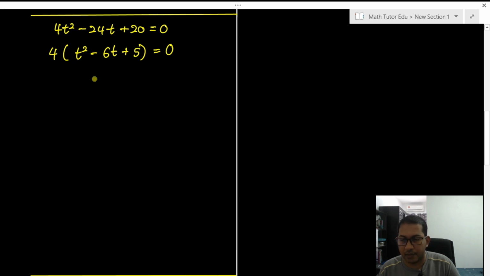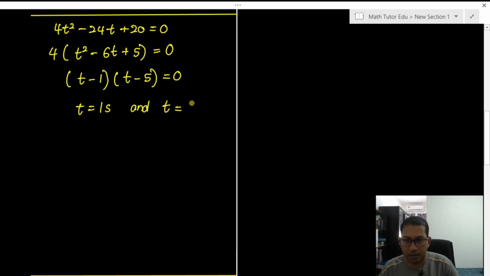You factor this further, so you get t minus 1 and t minus 5 equals 0. So from here you get 2 x-intercepts, where t equals 1 second and t equals 5 seconds. So far so good.